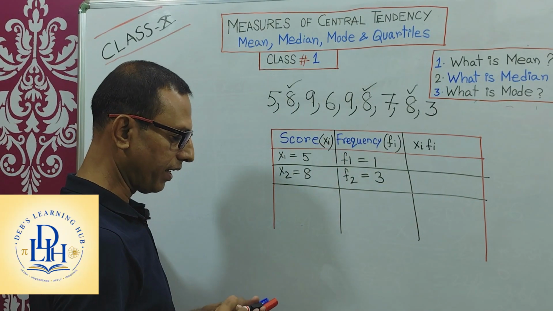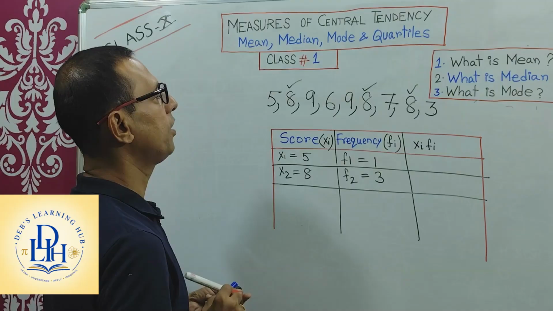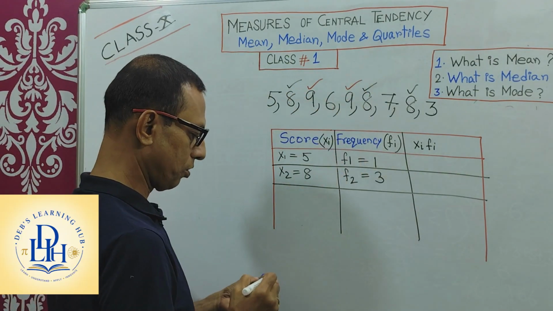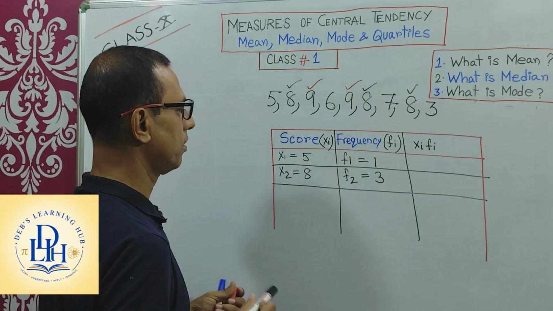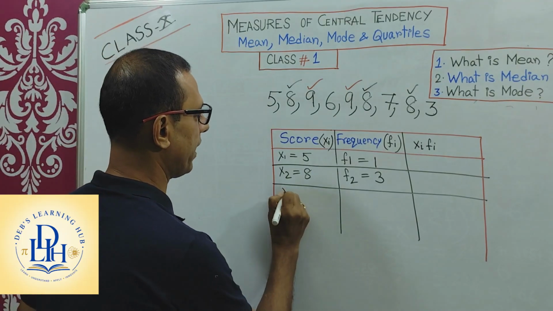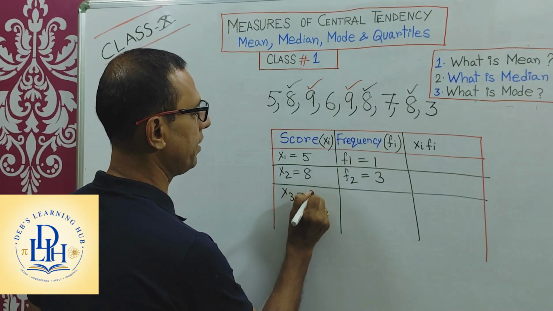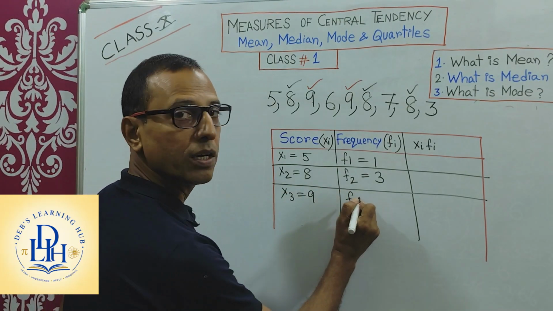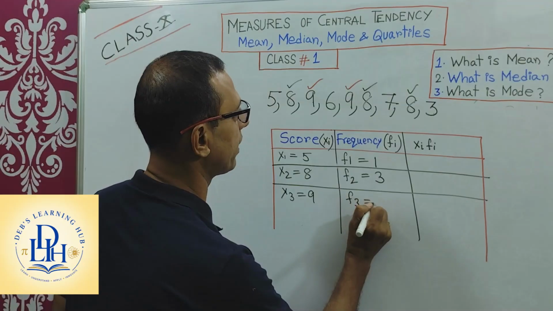How many times do you have 9? 9 we can see you have twice. Here it is 1, it is 2. So the third observation x3 equals 9, and f3, the frequency for that observation, is 2.